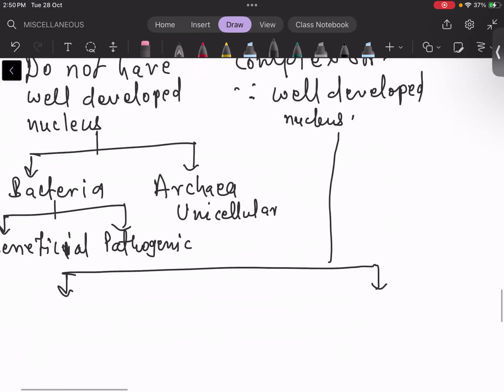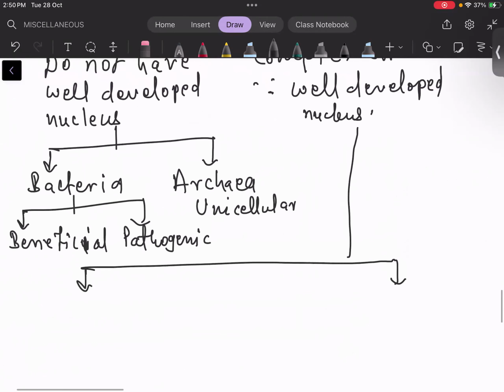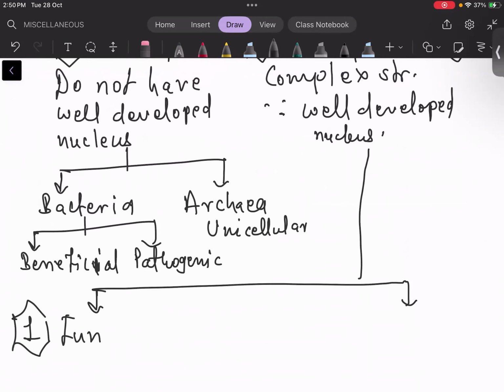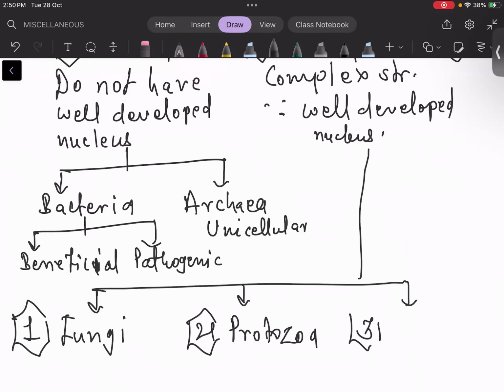First, fungi. Second, protozoa. And third, algae.